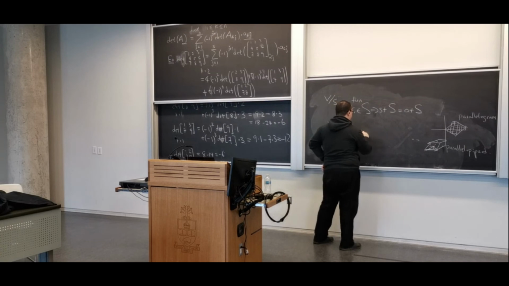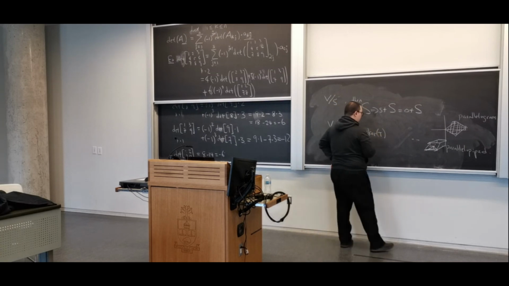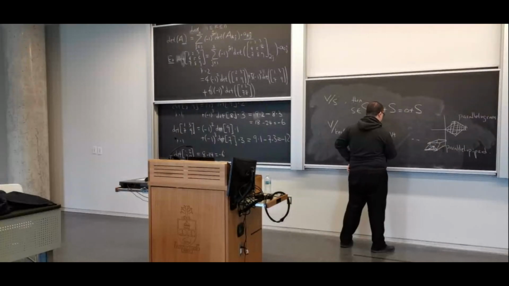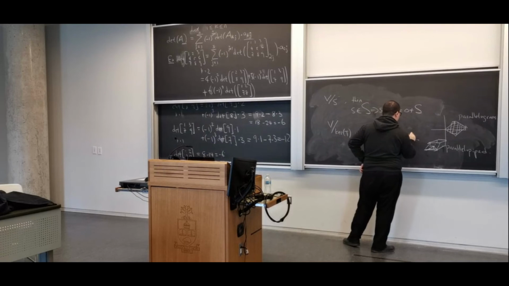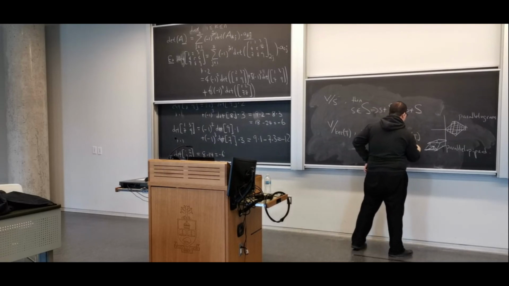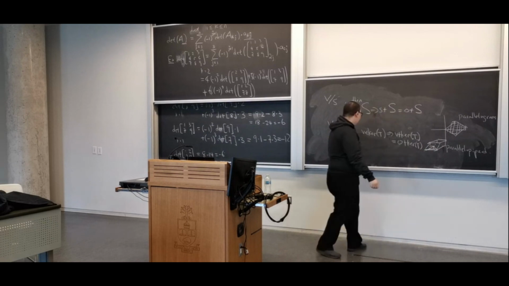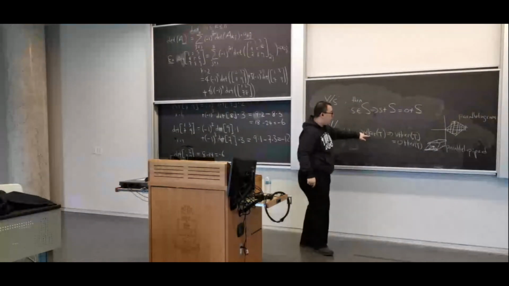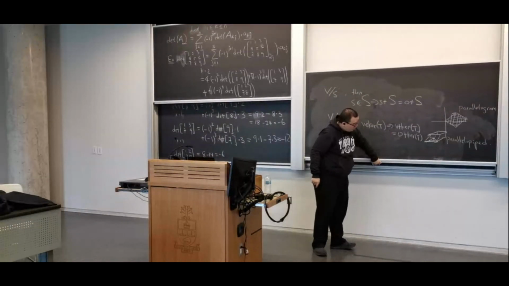So if you have a vector v inside kernel of T, then v plus kernel of T is just going to equal 0 plus kernel of T. So we didn't really discard it, but all we did is we collapsed every single vector inside kernel of T to 0. This is called an affine set.